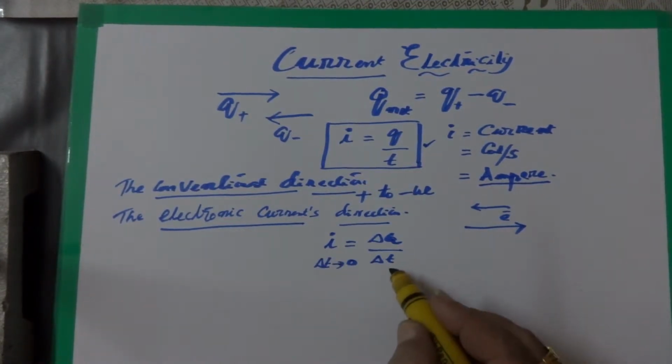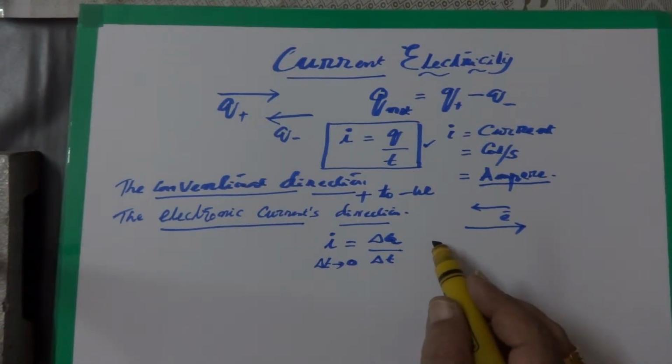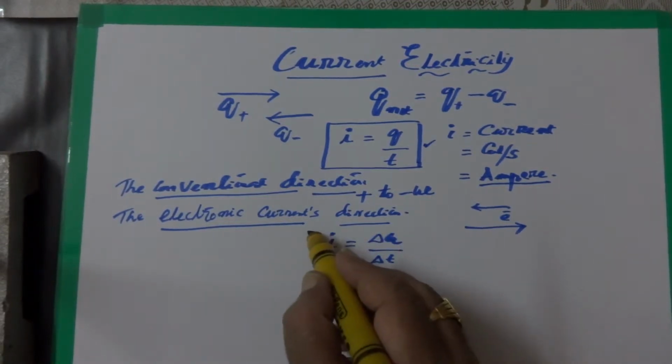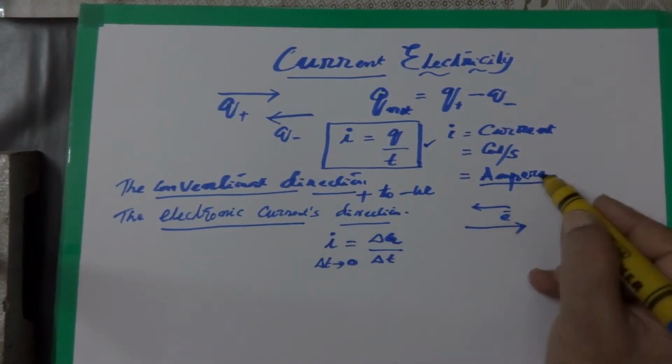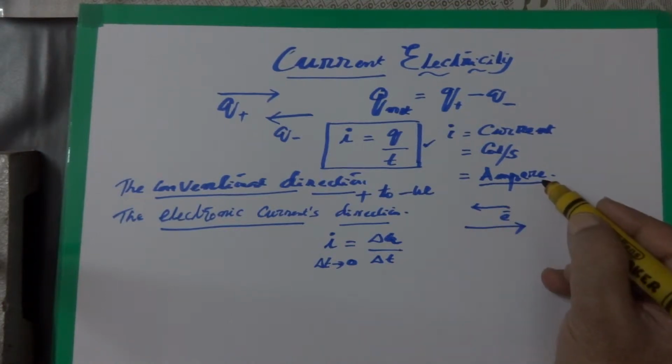That means in a small interval of time, how much charge is passing through that particular area is known as current. So the SI unit of current is ampere.